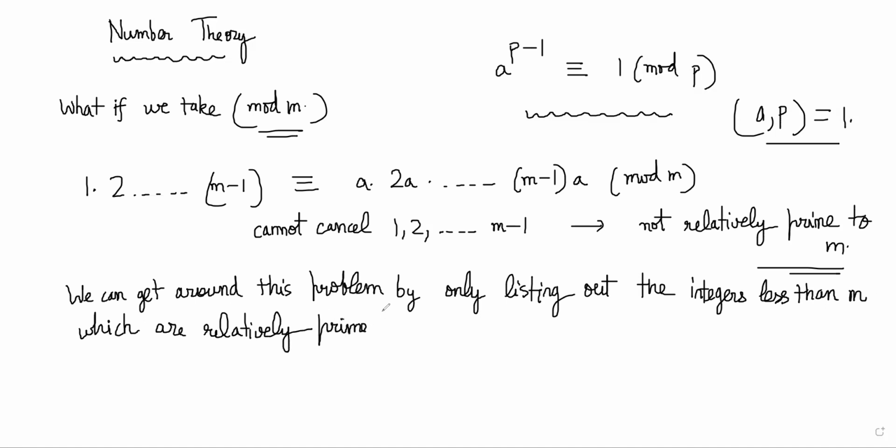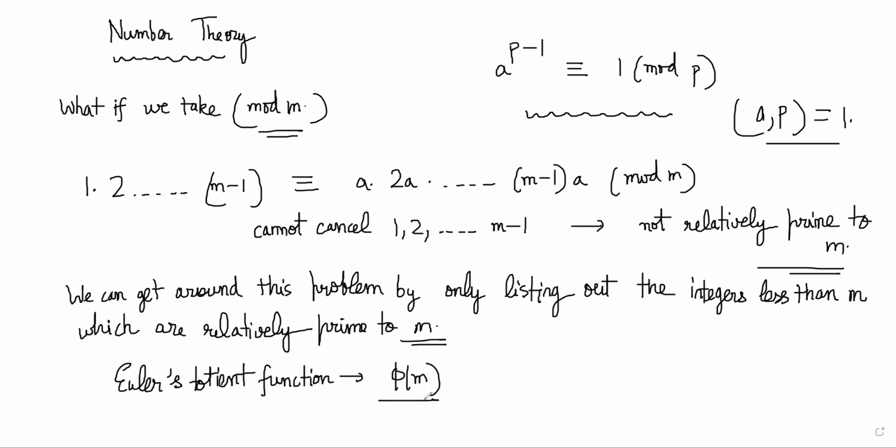And that introduces for us the function called Euler's totient function, which is written as phi of m. Basically it counts how many integers less than m are relatively prime to m, right?